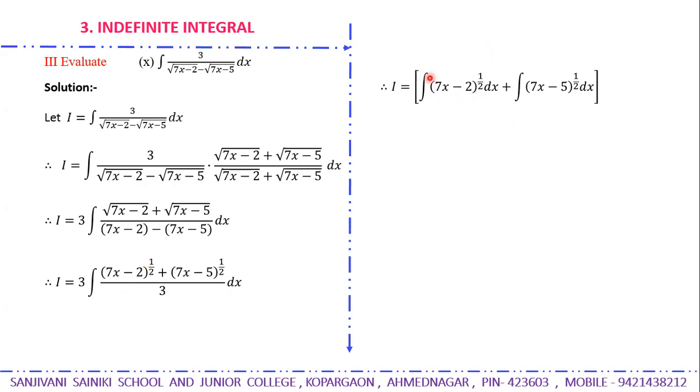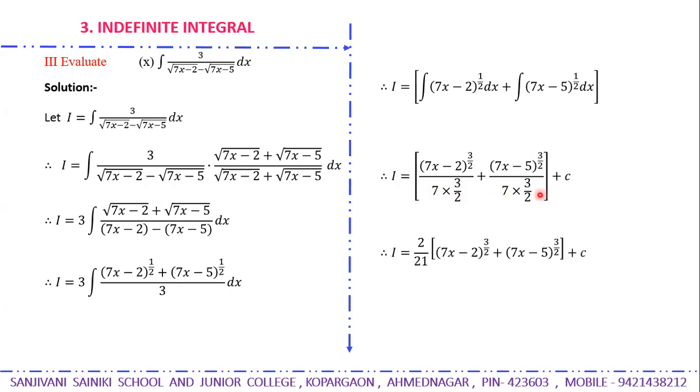Its integral is (ax plus b) raised to n plus 1 upon (n plus 1) into a. So (7x minus 2) raised to 3 by 2 upon 3 by 2 into a, where a is 7, the coefficient of x. Use the formula and simplify. You get 2 by 21 into (7x minus 2) raised to 3 by 2 plus (7x minus 5) raised to 3 by 2, because 2 by 21 is common to both the terms.